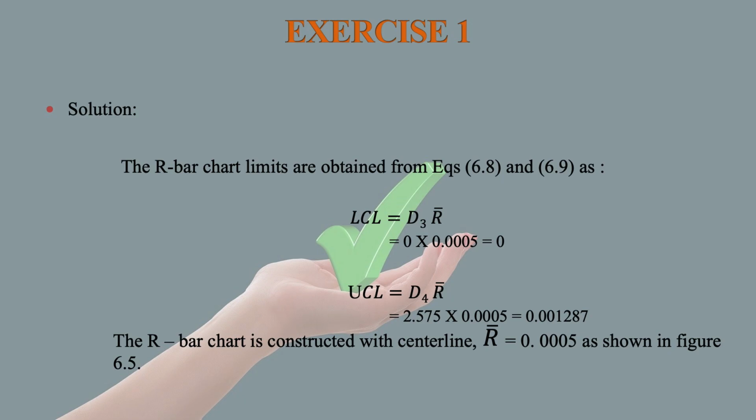D4 you can get from the statistical table, and for this sample size, the value of D4 is equal to 2.575, multiplied by the R bar comes out to be 0.001287. The R chart is constructed with center line R bar equal to 0.0005, and this is shown in figure 6.5.